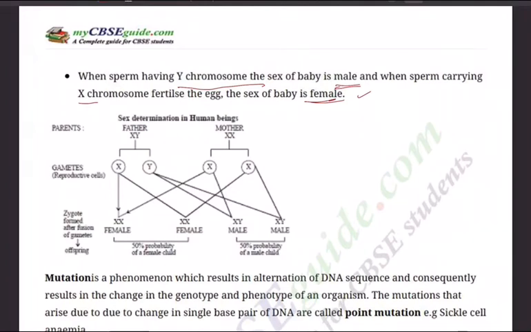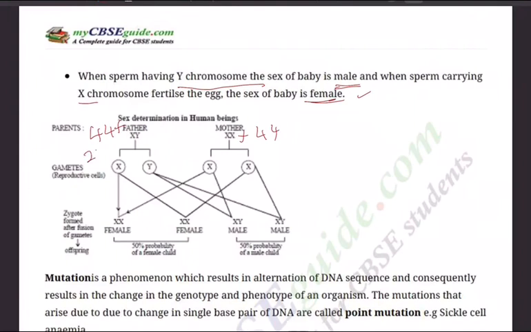So here what we do, the parents: the father first. The father, being a male, will have 44 autosomes plus XY. The mother also has 44 autosomes plus XX. Now when division takes place, the gametes form, and since it is meiosis, reduction will be there.